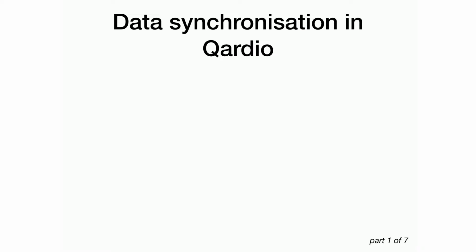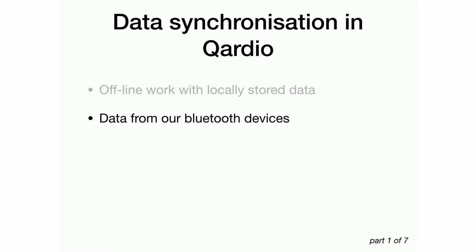So let's take a look at what requirements we have in our persistence layer. First of all, everything should work offline. The user should be able to store data, see already stored data, and as soon as an internet connection is established, everything should be synchronized to the backend. We get most of our data from our Bluetooth devices.